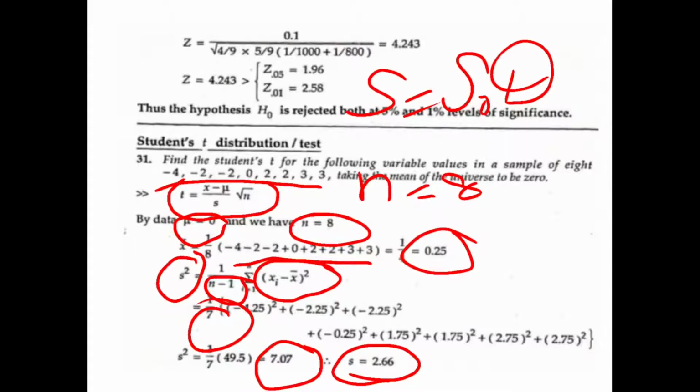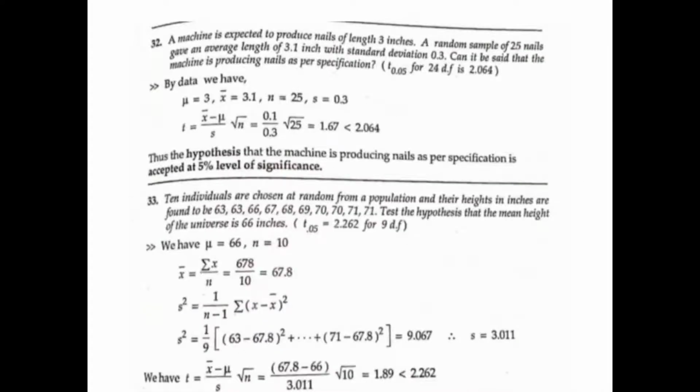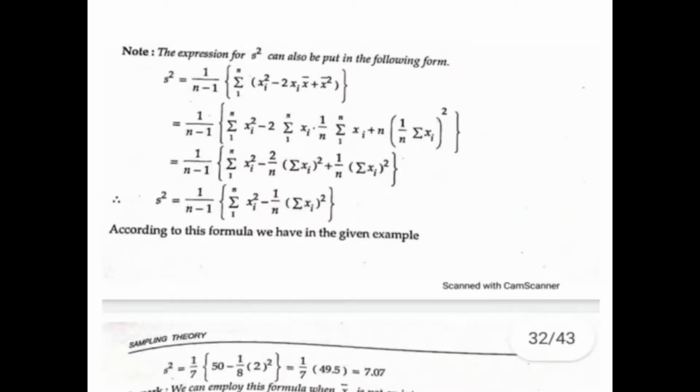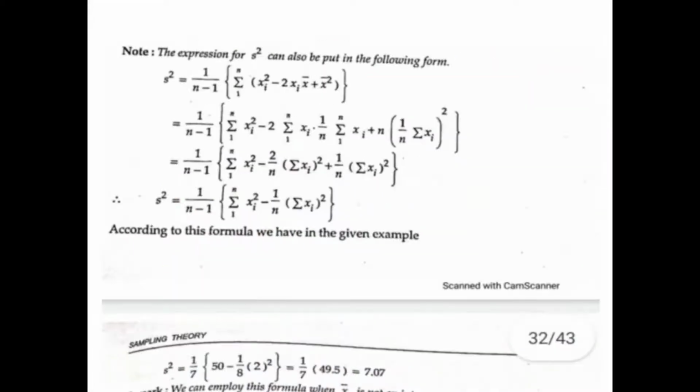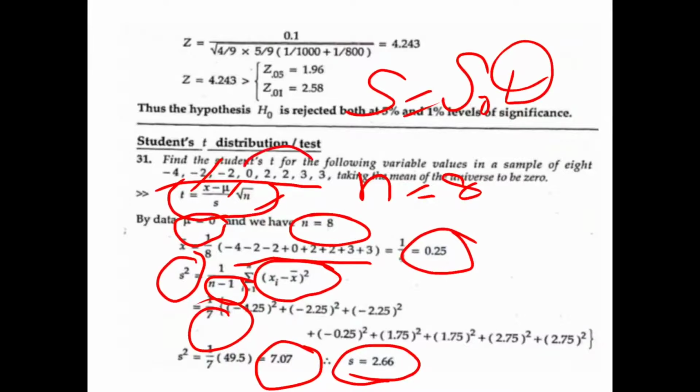Now that we know the value of x bar and s, and we know n and mu, substitute all the values in the t. Then we get whatever the t value is, and that is what they are asking you to find.